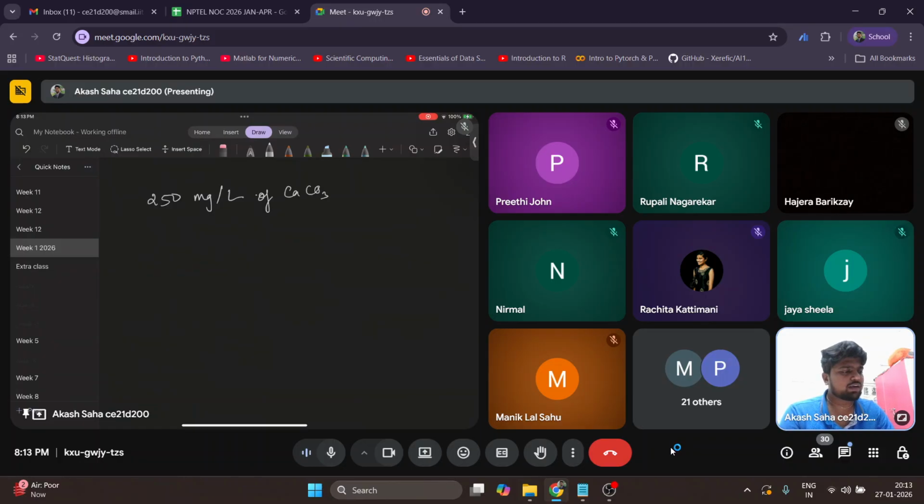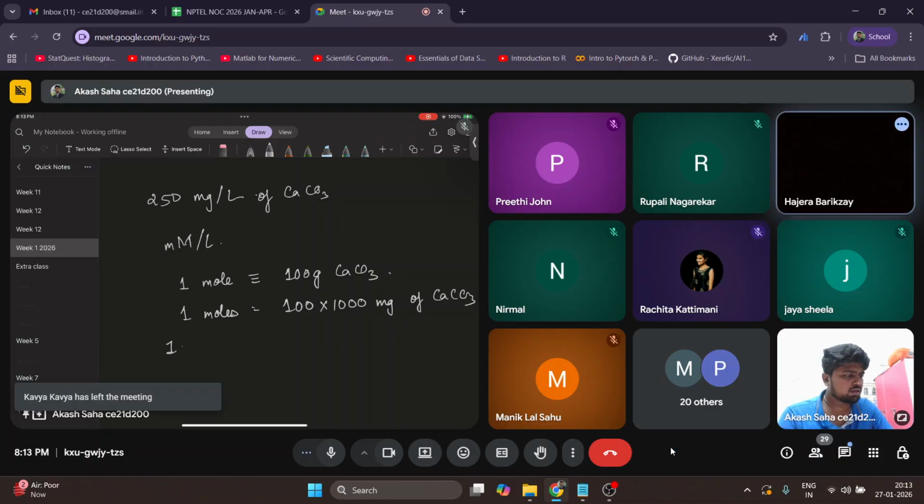We have to find out how many millimoles per liter there are. 1 mole corresponds to 100 grams of calcium carbonate, so we can also write it as 1 mole corresponds to 100 into 1000 milligram of calcium carbonate.